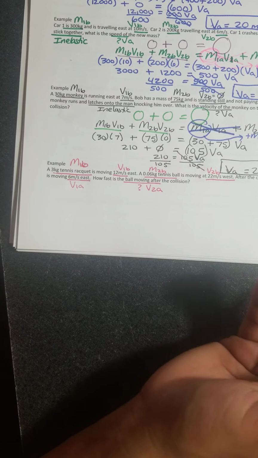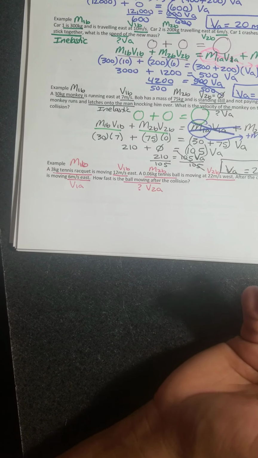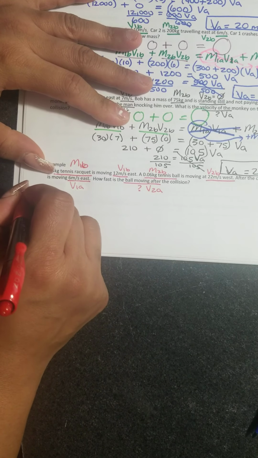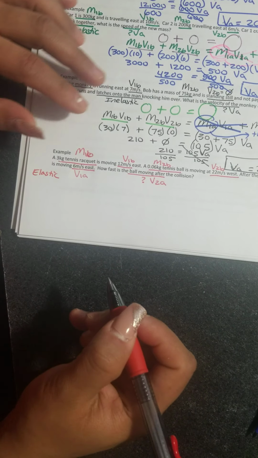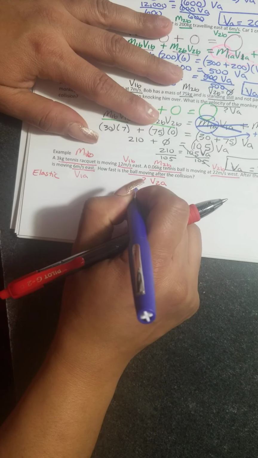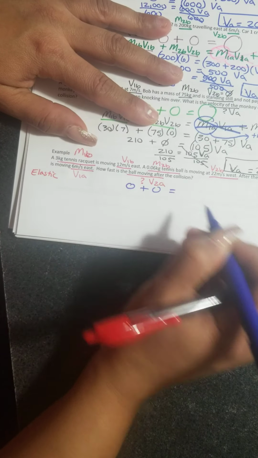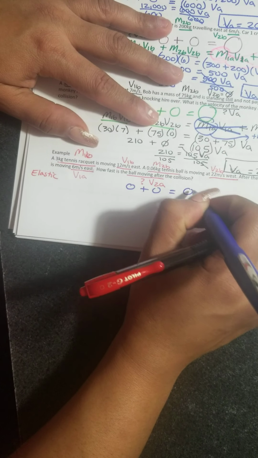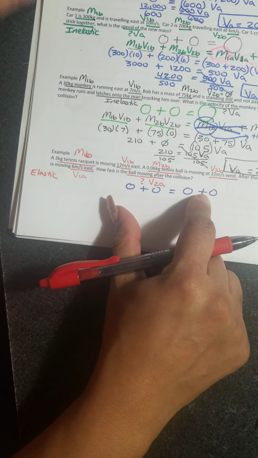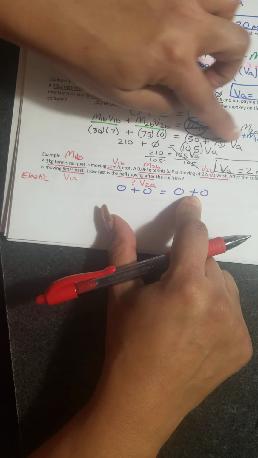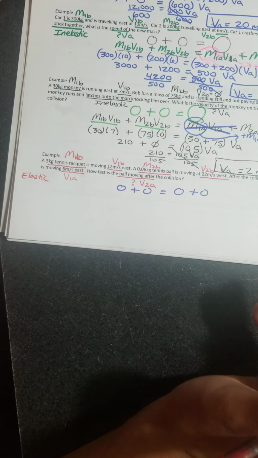Now, between a racket and a tennis ball, they're not going to stick together, so this is going to be an elastic collision. Meaning, I'm going to start off with object number 1 plus object number 2. They collide and they end up with object number 1 and number 2 separated. Now that is our regular old equation right here written out with no modifications.